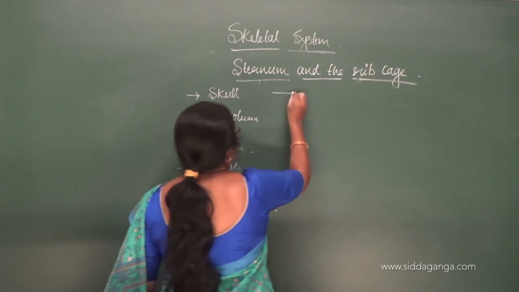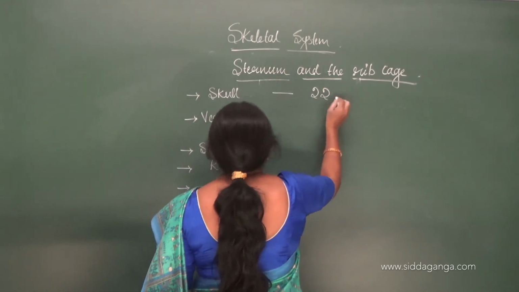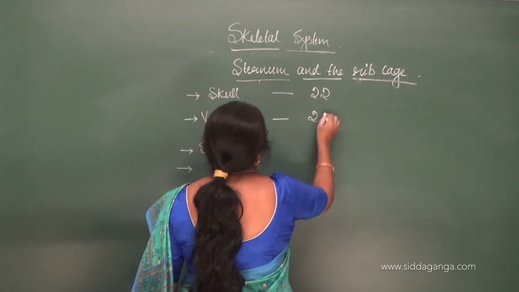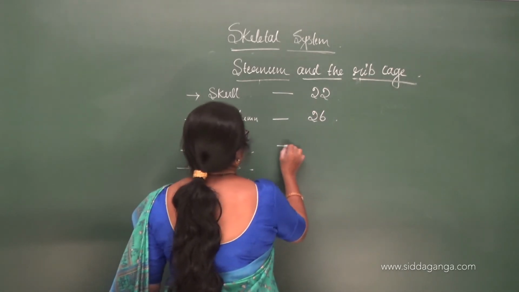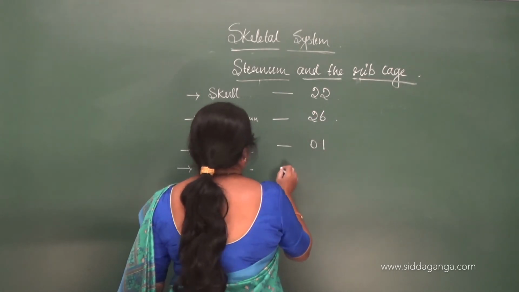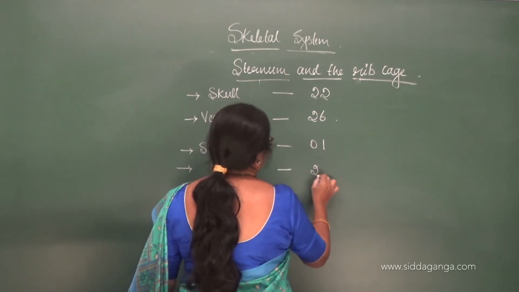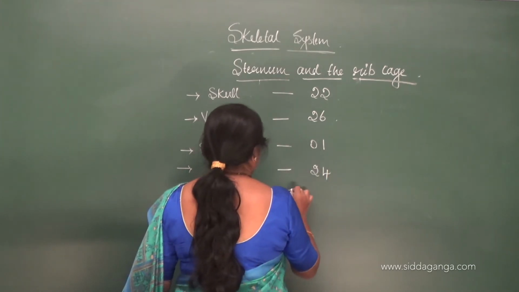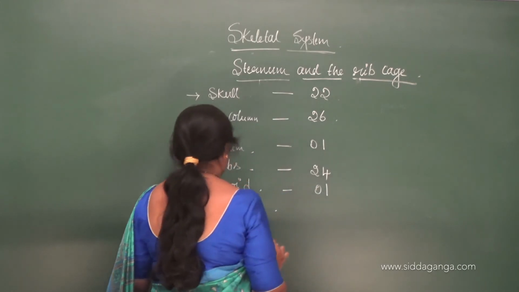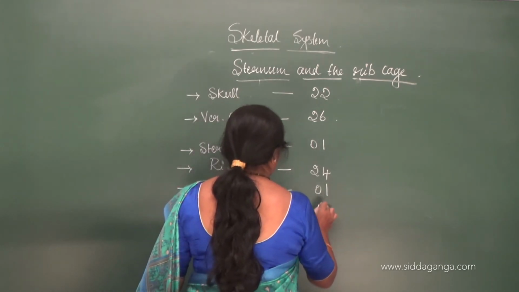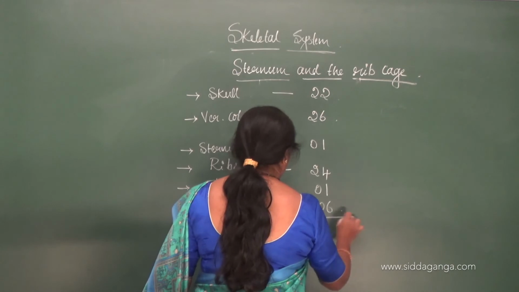So the skull comprises 22 bones, the vertebral column comprises 26 bones, the sternum is 1, ribs 12 pairs, which is 24, and the hyoid is once again 1 bone of the buccal cavity, and the ear ossicles are 6 in number.